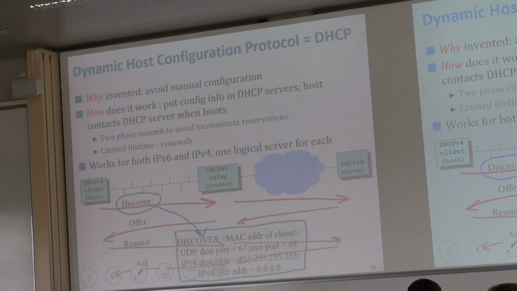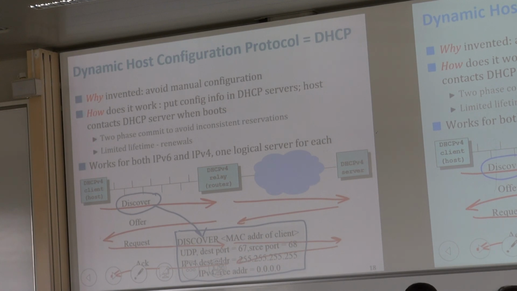Then if we have a router with a relay function, what it will do is forward this message to the DHCP server, and the DHCP server will know, by analyzing the IP source address, where the message is coming from. Therefore, it will know on which LAN it can allocate the address, and it will send the response back to the relay router, to the DHCP relay.